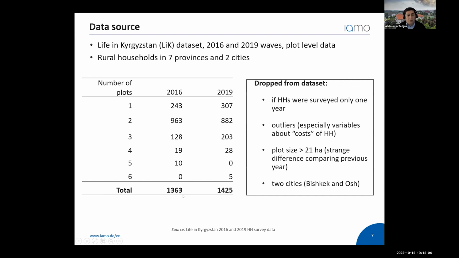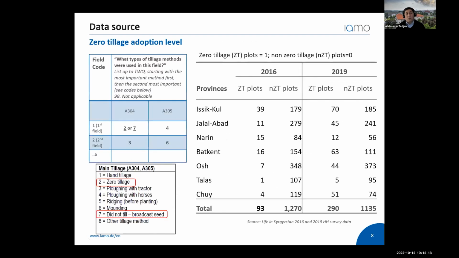Households have a maximum of 6 plots, and most households have 2 plots. In our study, zero tillage adoption is one of the main outcome variables.